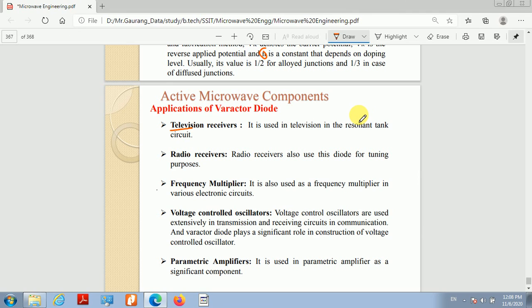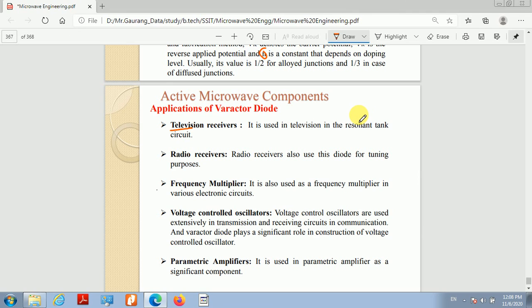In a voltage controlled oscillator, basically the frequency of oscillations can be controlled by applied voltage, and if this Varactor diode is used inside this voltage controlled oscillator, then the capacitance of this diode can be changed by applying voltage, and in that case it will help us to change the frequency of oscillation by changing the applied voltage.